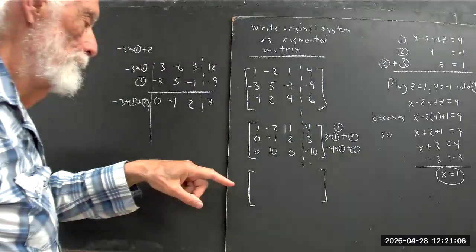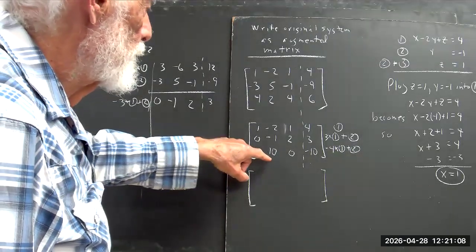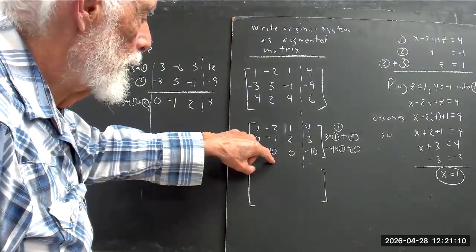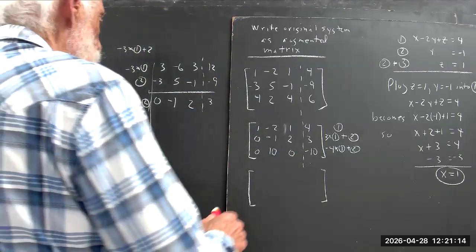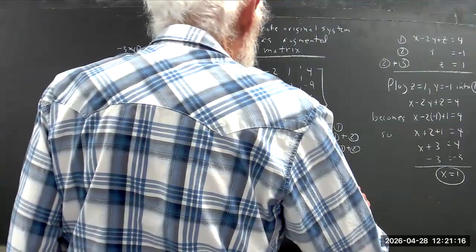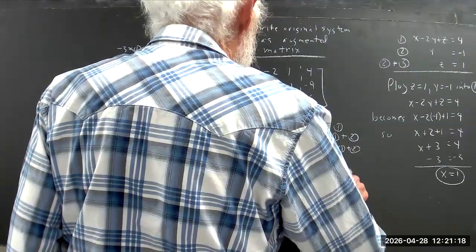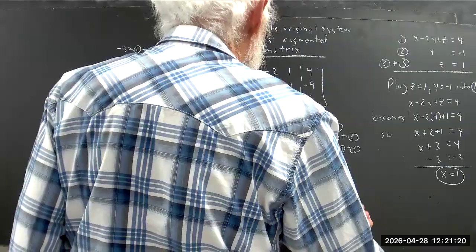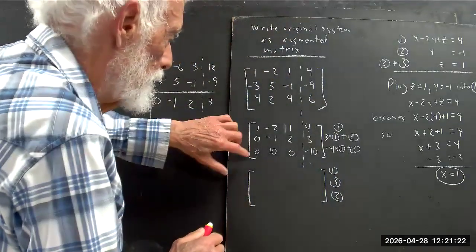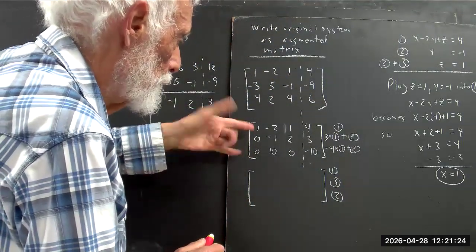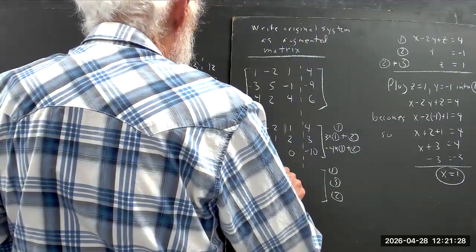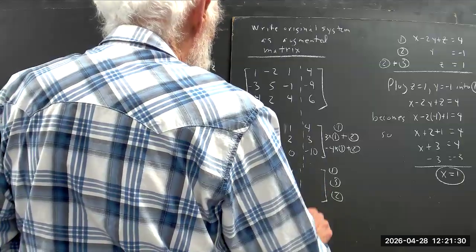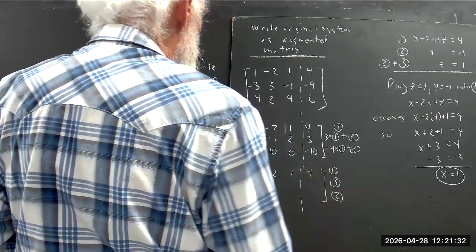And what we're going to do is this row here that has a Y in it, but no Z or X, we're going to make that our second row. So we're going to switch the third row and the second row of our second matrix, and we're going to get a matrix that has first row 1, -2, 1, 4.